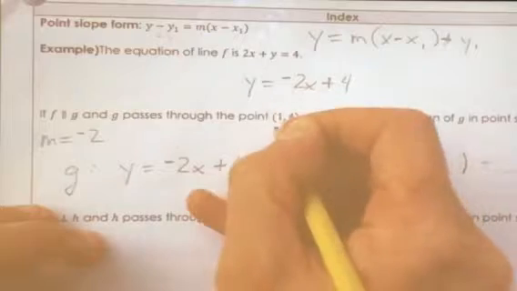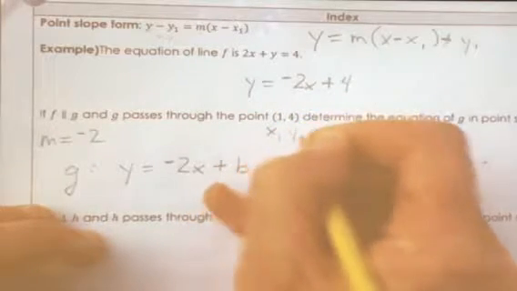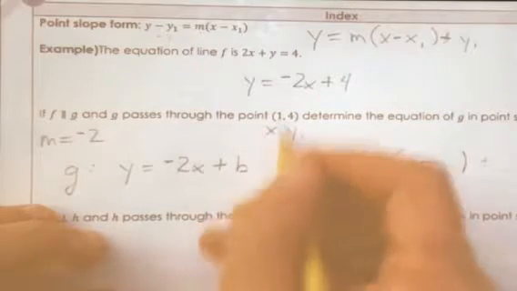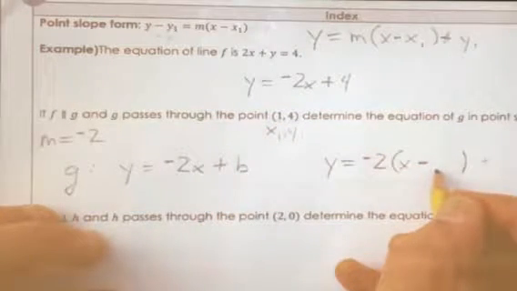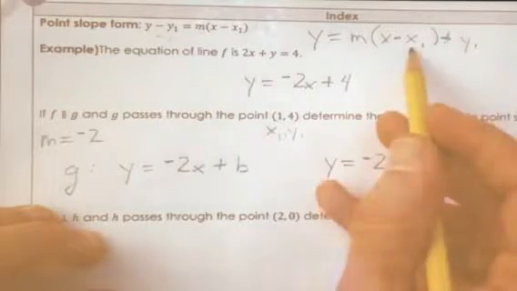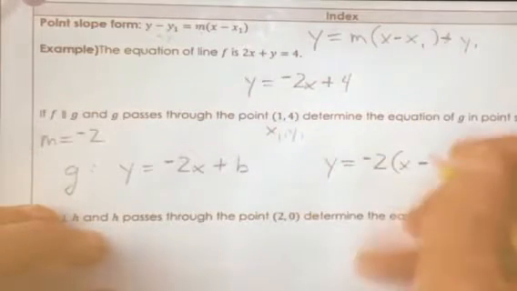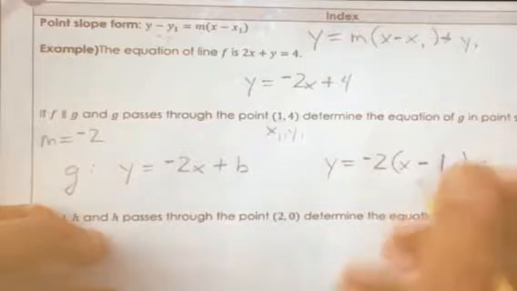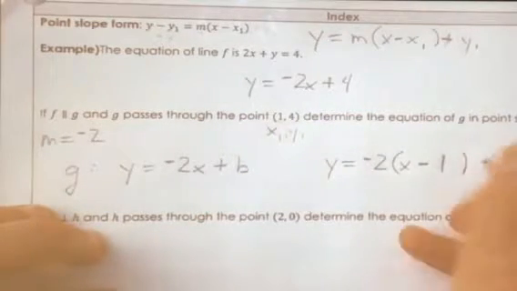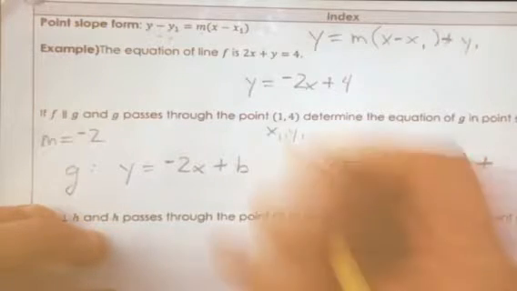So we'll think of this as x1, y1. So that means x1 is coming inside the parentheses. This is x1. We wrote that up here. And x1 is 1. So we're moving to x equal 1 and y equal 4.